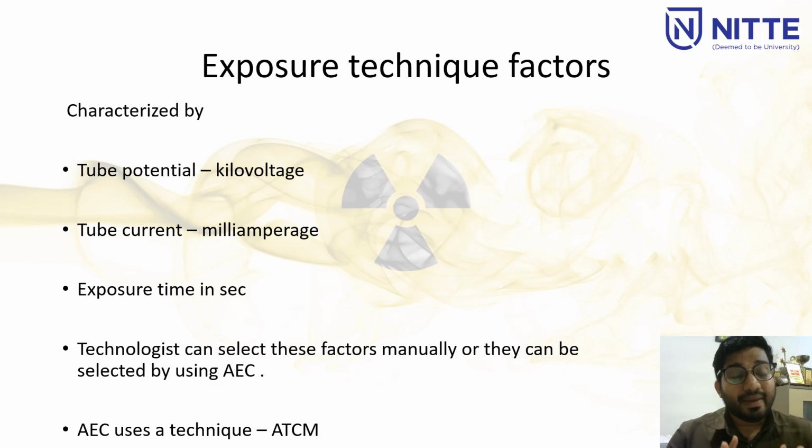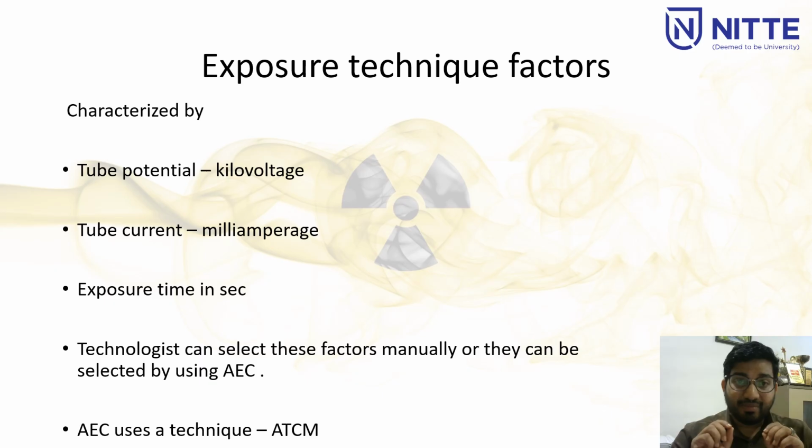So higher mAs means what? More electrons striking the anode, more X-rays produced, higher image brightness or density you can see, and a higher patient dose. So this is about tube potential, kV and mA. Also factors involved are exposure time, which is measured in seconds, and technologists can select these factors manually.